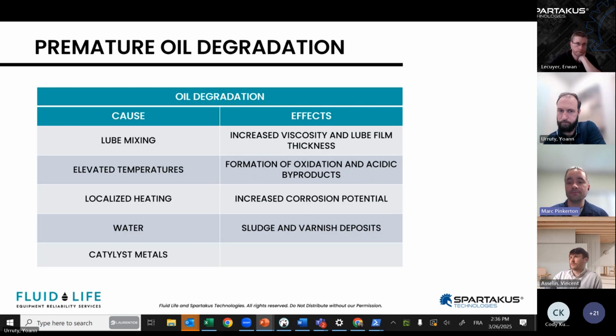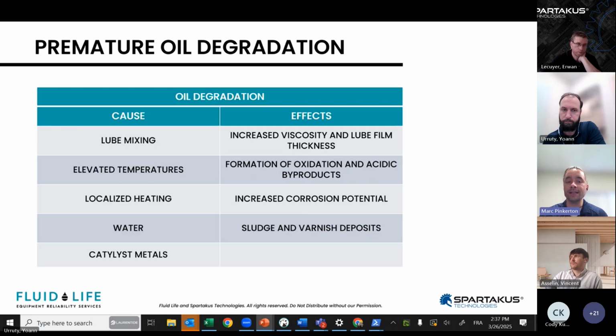Thickness makes sense. Is my oil too thick or too thin? Is it actually resisting the movement of my components, or is it not providing the correct lubrication? And what is the cause of that? Is my oil shearing? Is it thickening due to the progression of oil degradation and oxidation? All that kind of stuff.